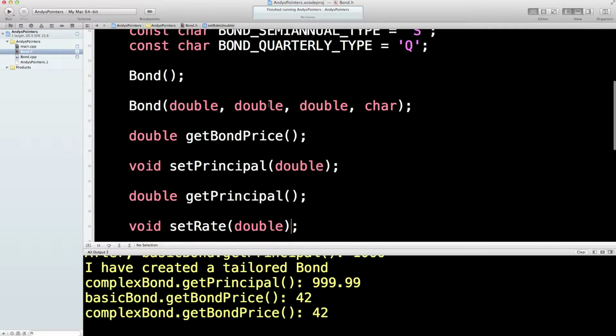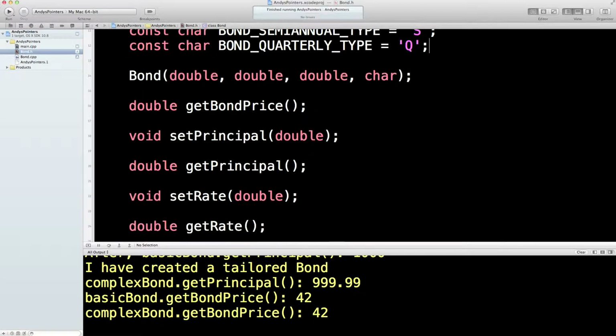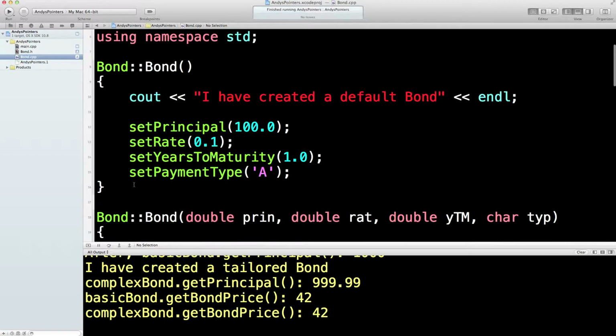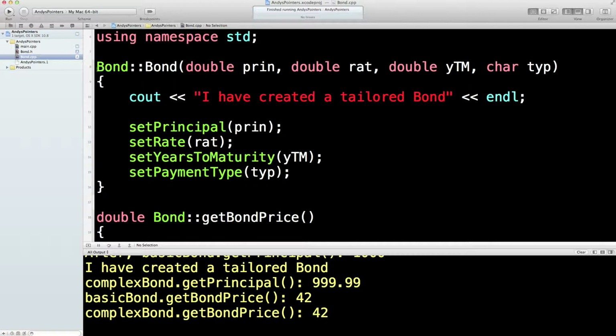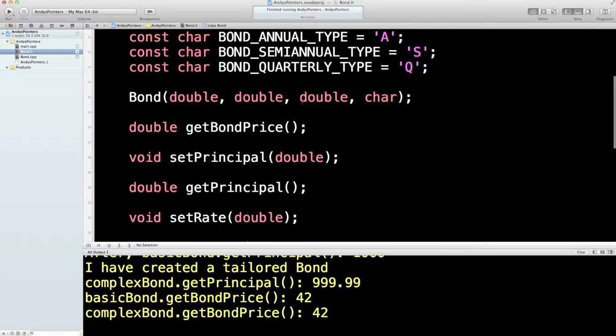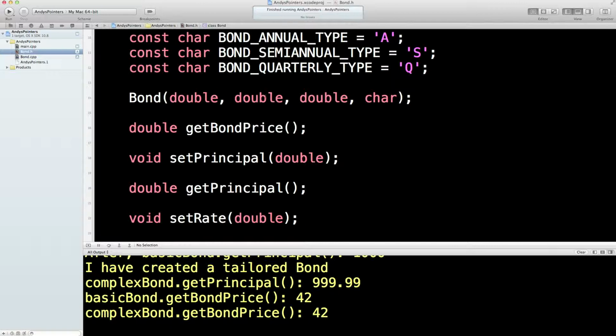So I'm not just going to have a bond which has a rate coming in. I can destroy this now. I just don't need that anymore because there's no such thing as a standard bond. Get rid of it from here too in the bond C++ file. But what I need to differentiate between is the coupon rate of a fixed bond and the market rate, the desired investment rate of an investor.